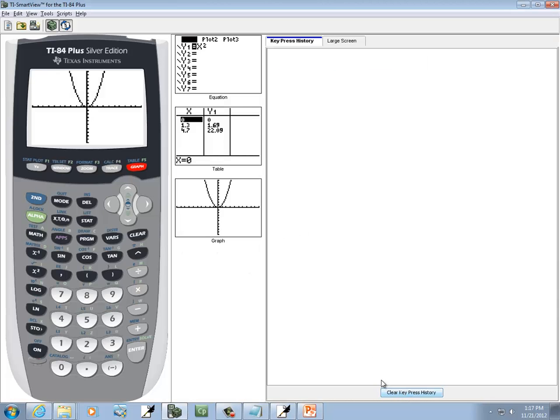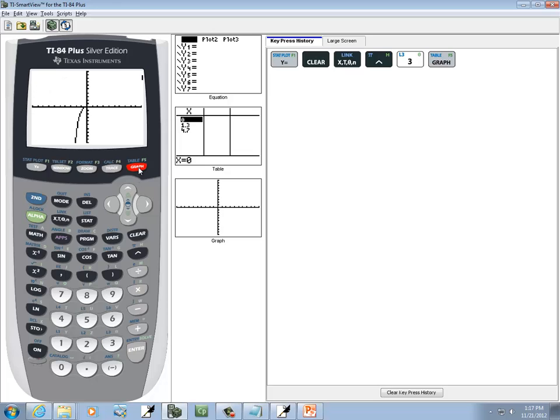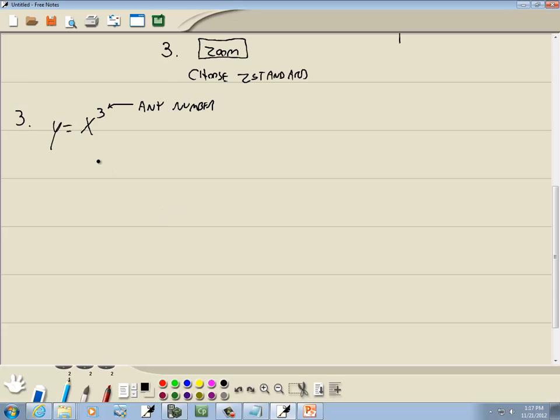I'm going to show you two different ways for doing this. I'll press y equals. I'll press clear. I'm going to do my x key, and I'll push my caret, and then I'll put 3. And then graph. And that'll give us our graph.